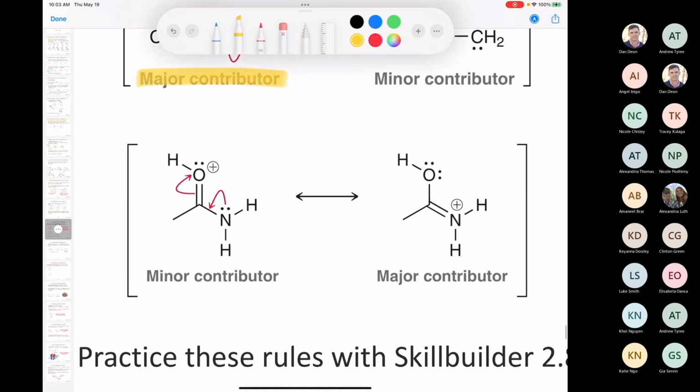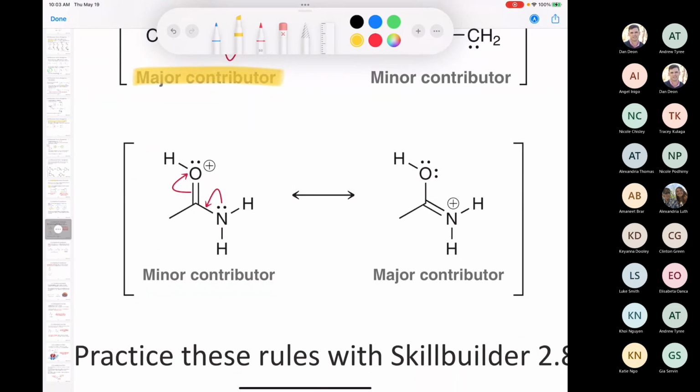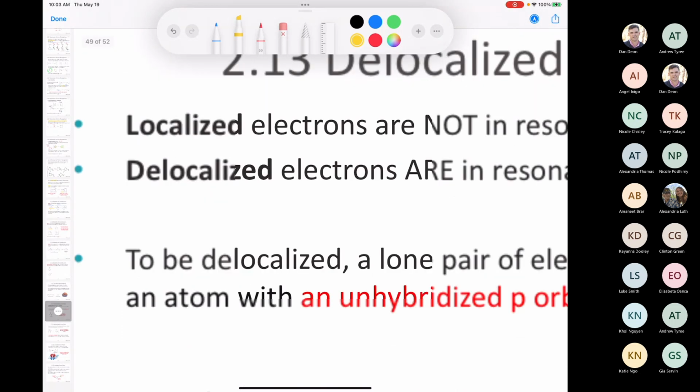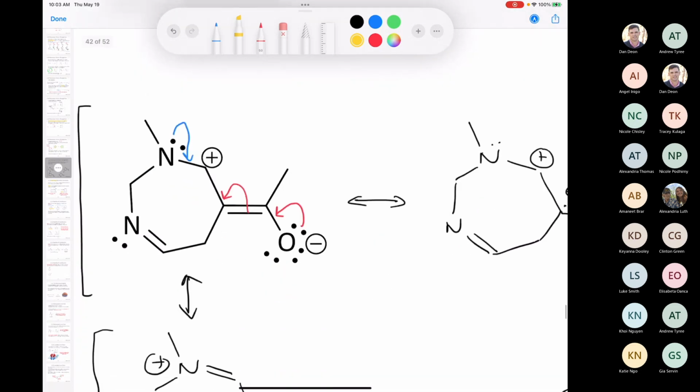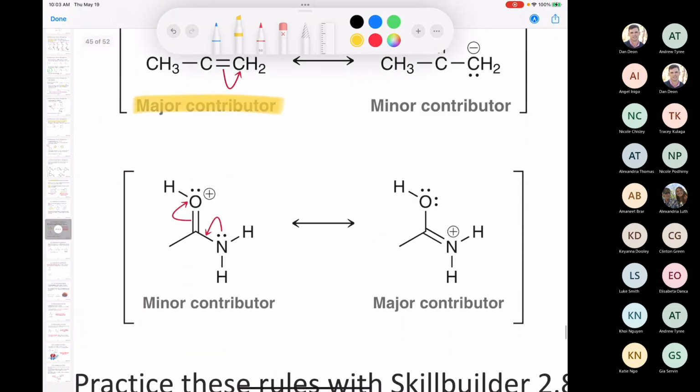If you look down here at the resonance structures of an amide, we have a positive charge. Here we have a positive charge on an oxygen, and here we have a positive charge on a nitrogen. Well, oxygen is more electronegative, and so it's going to be less comfortable with a positive charge than a nitrogen will.